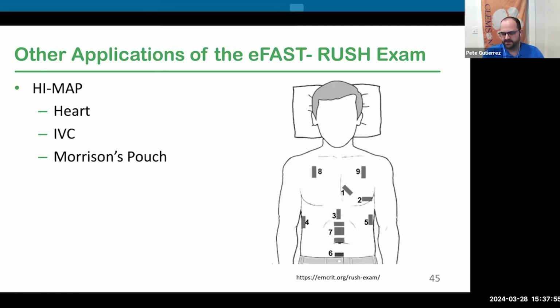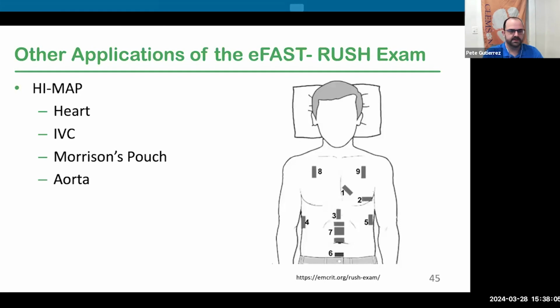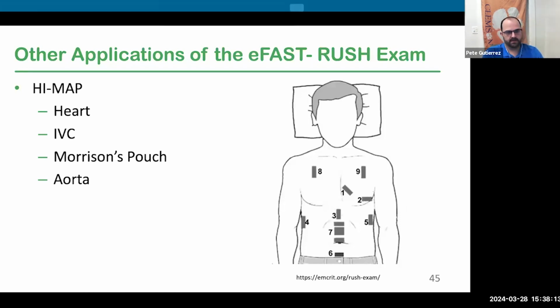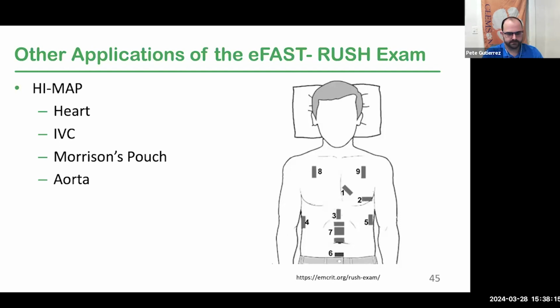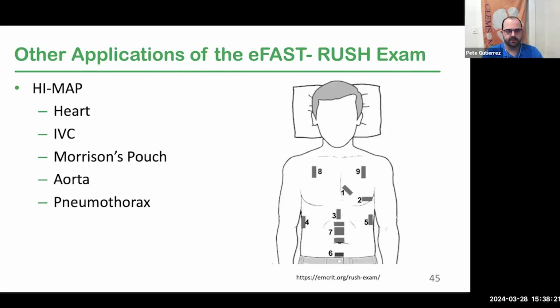The M in Morrison's pouch is more to be a placeholder for the rest of the FAST exam, so looking at the abdomen for free fluid. This was initially described in adults, so looking at the aorta, mainly for ruptured AAAs and aortic dissections, and then pneumothorax, looking for tension pneumothorax.